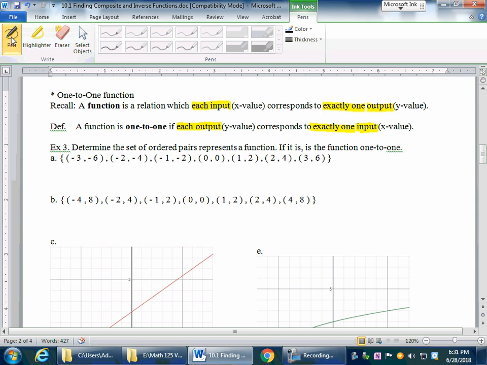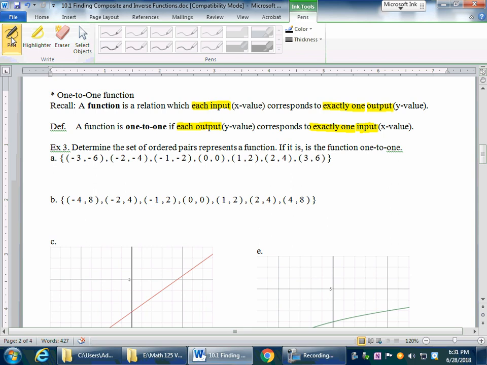Okay, so let's try to understand this definition. What is a one-to-one function? Look at the example. Determine whether the set of ordered pairs represents a function. If it is a function, we want to determine whether it is a one-to-one function or not. To determine if it is a function, all we have to check is that every x value must be different.